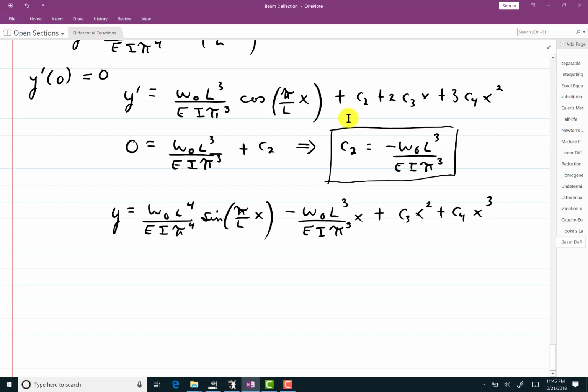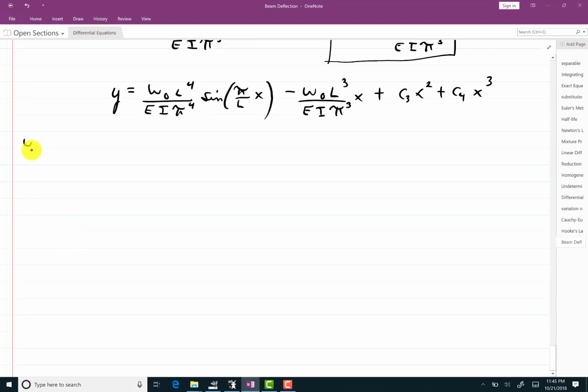Now the other boundary conditions happened at x equal to L. So for example, we had y of L equal to 0. Let's throw in L. When you do that, sine of pi is 0, so this part will zero out. This part will not zero out, so we'll get negative W naught L cubed over EI pi cubed times L plus C3L squared plus C4L cubed.